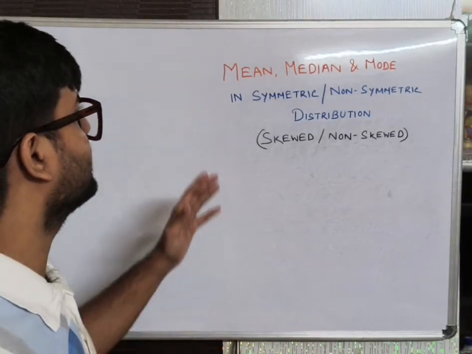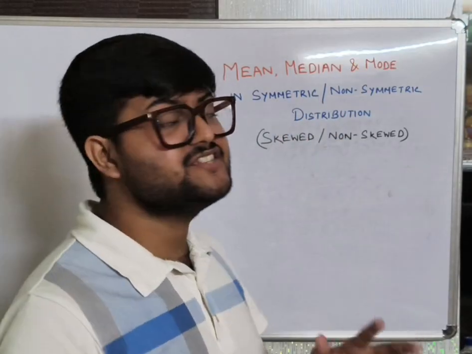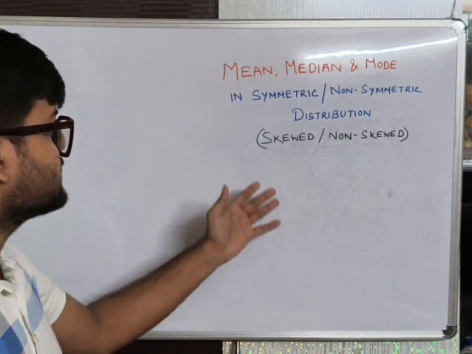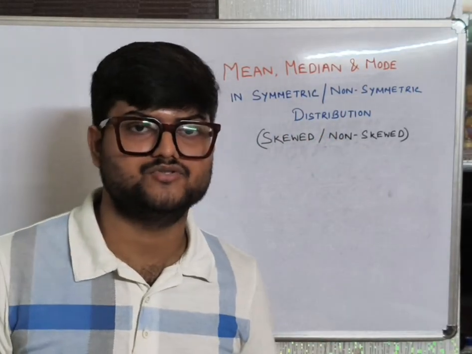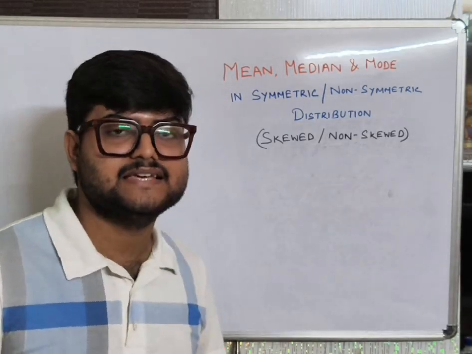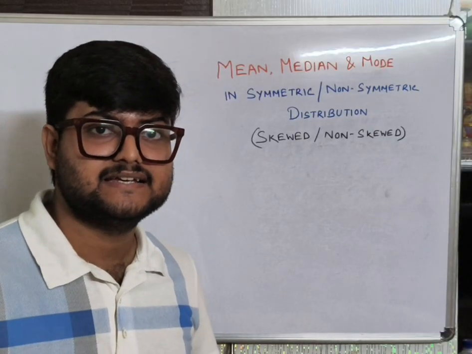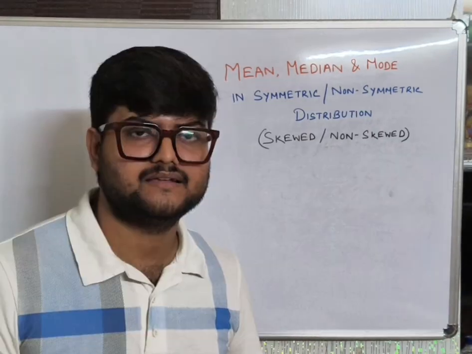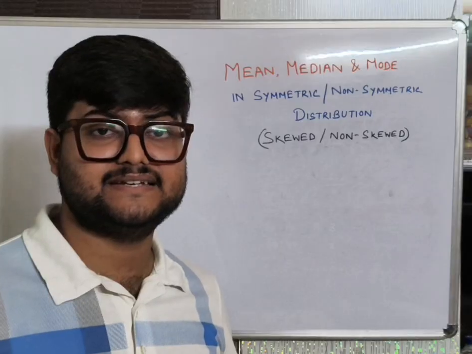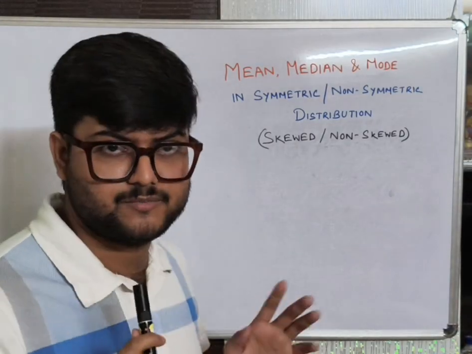Now we understand mean, median, mode in a symmetric or non-symmetric distribution, that is also called skewed or non-skewed distribution. But in order to understand that, first we need to understand skewness. Skewness is simply how unbalanced a data set is, that is the lopsidedness of the data set compared to a normal distribution.